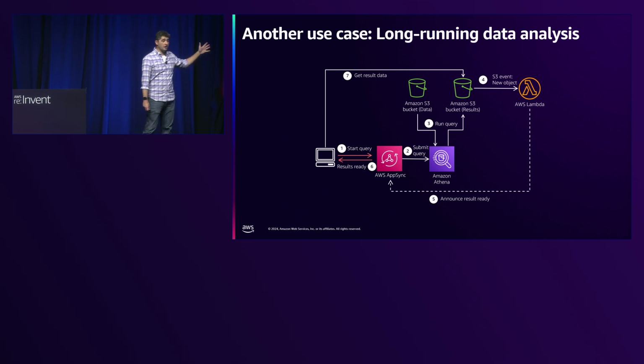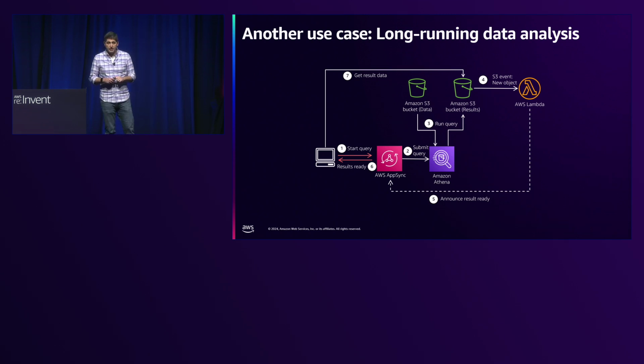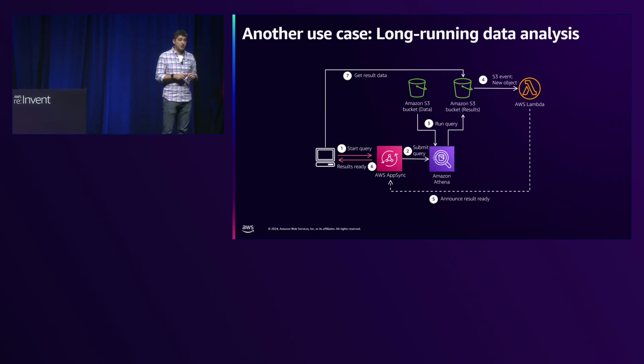So what's happening here, we're using AppSync, but again, lots of options, is we're going to have AppSync go start a query with Amazon Athena. Athena runs that query against some data in an S3 bucket, and when it's finished, it writes the results to a second S3 bucket. When that happens, S3 publishes an event. We can subscribe a Lambda function to that event.